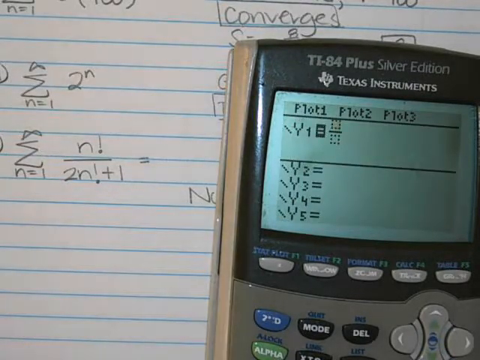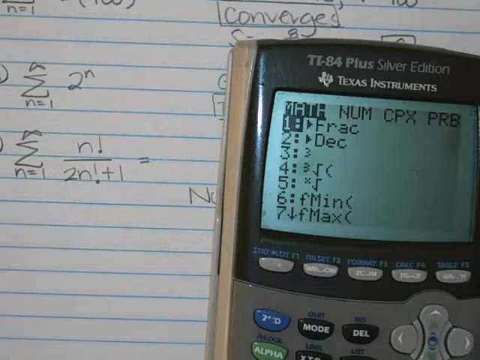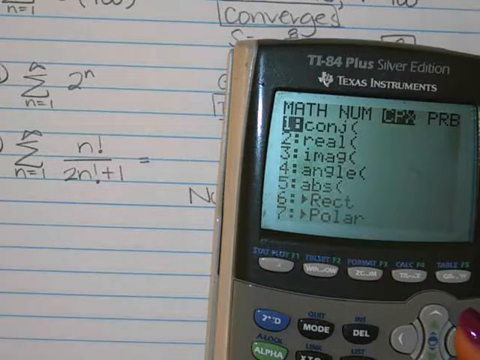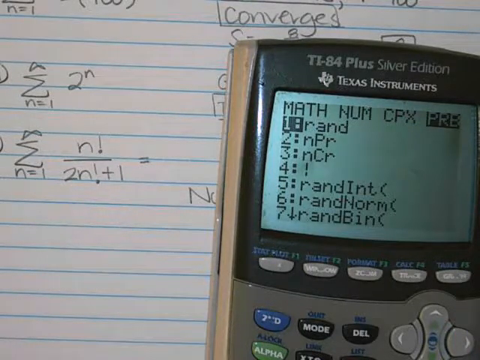How do I get to the factorial? Does anyone remember? Hit the math button. Oh, I thought it was one of the top. No, you got to move over. Math button, go over to PRB, probability. The reason it's over in probability is that factorials are often found in probability formulas. Can you find it in the little tabs at the top of the calculator too? Is it in one of those? Yeah, you can try.